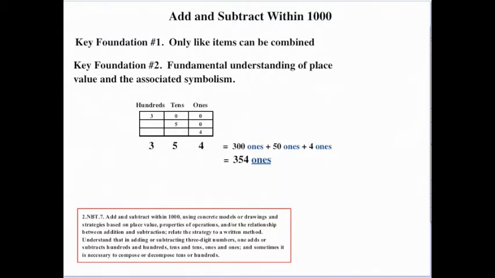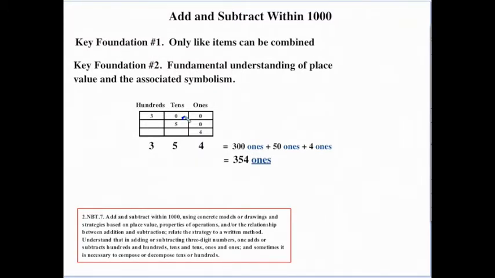Now let's look at a number such as 354. I have this organized by place value and filled in zeros for the appropriate placeholders, although it's not really a placeholder. The 0 here does indicate that there are 0 tens.